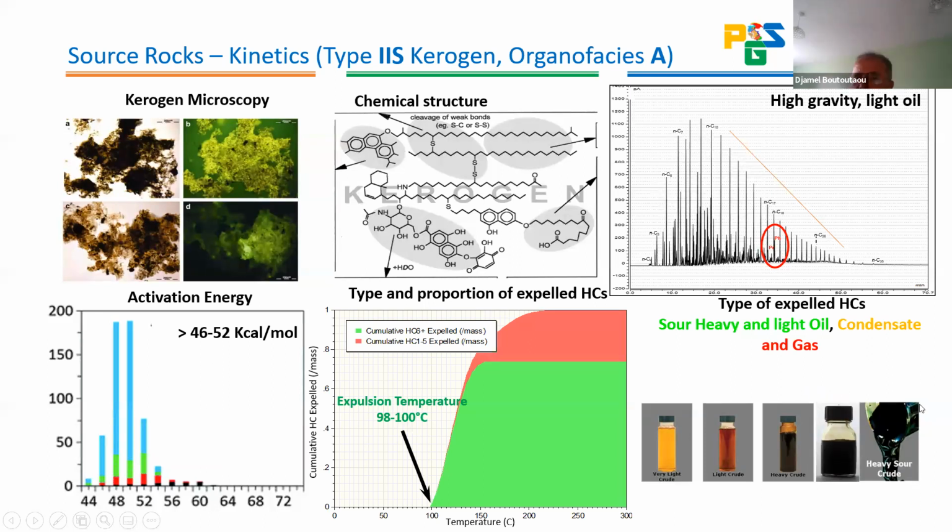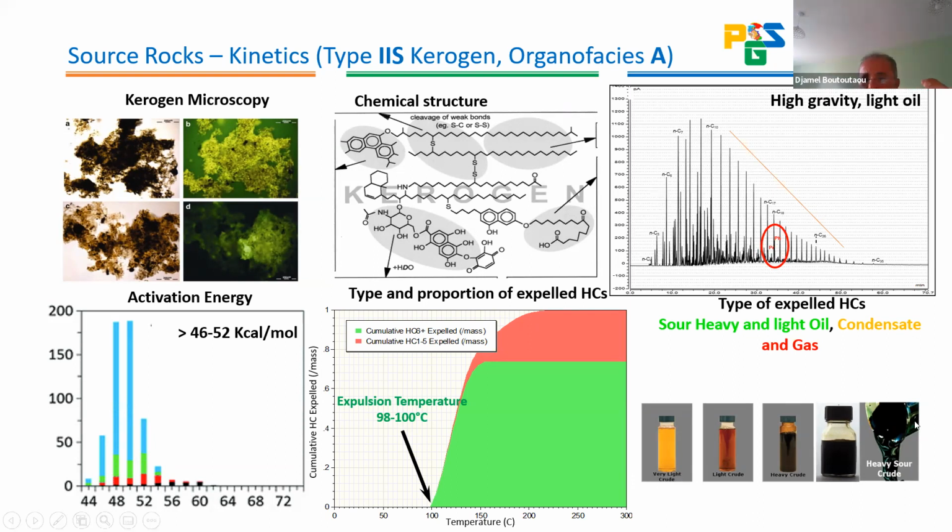Then the more the source rock becomes mature, the lighter the hydrocarbons that can be generated and expelled, and also the sweeter. The more mature the source rock, the lighter the oil and the less sulfur content, until you reach condensate.